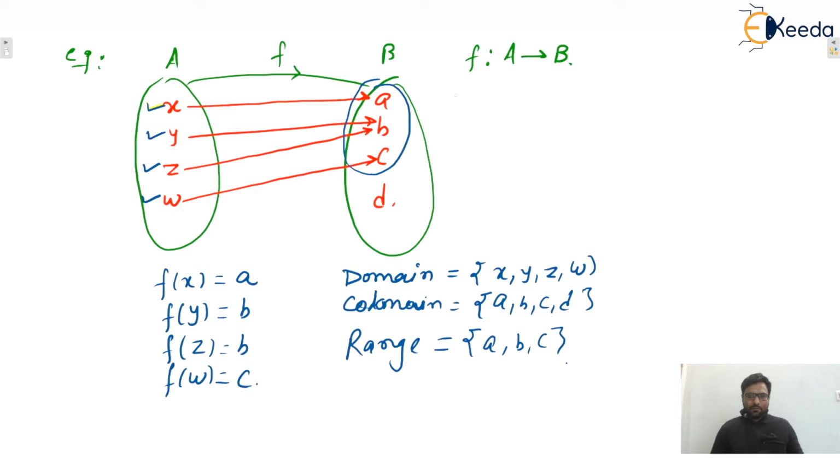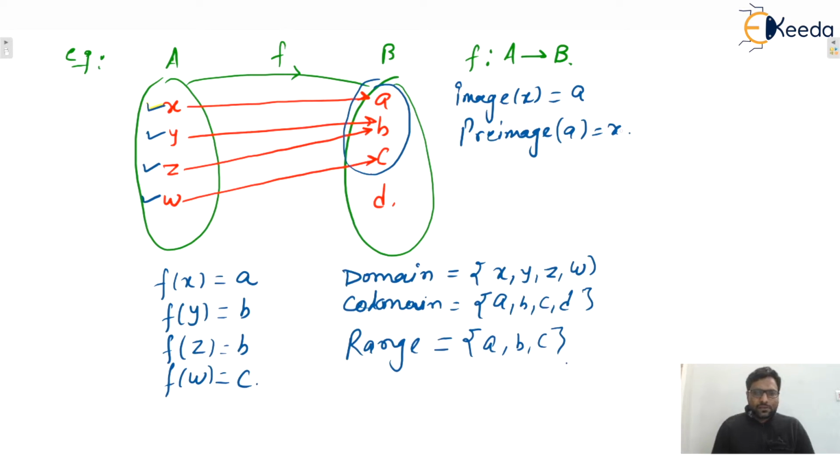Also, what is the image of X? The image of X is A, and the pre-image of A is X. So these are the terms related to a function. The image of X is A, so the pre-image of A is X, and so on.